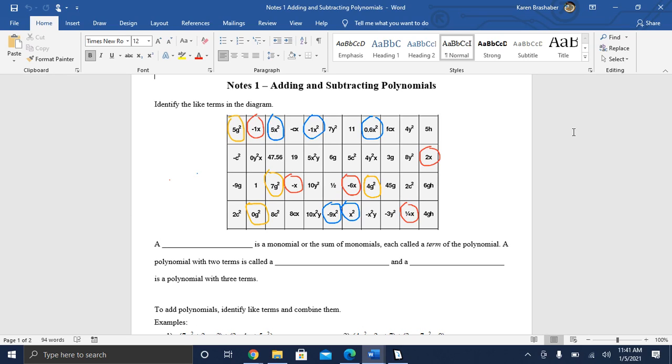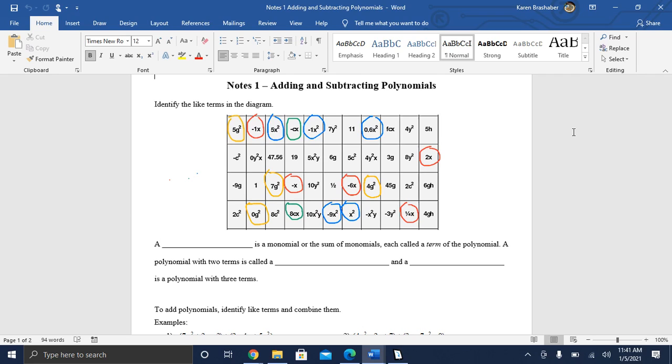We can continue on looking at the negative cx. I would have to find like terms that have the c and the x. As I continue to look, I see on the bottom row 8cx.